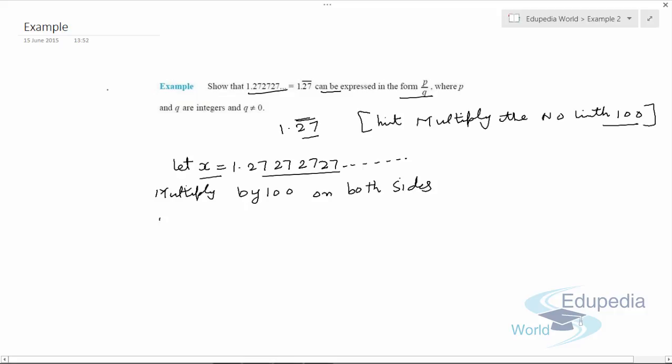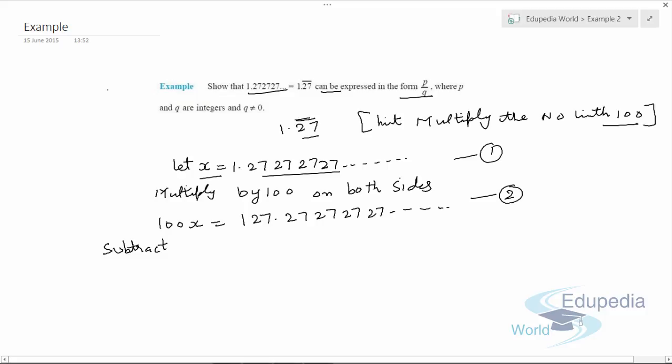So what we get is 100x equals 127.27 27 27 27. Then the second step is, we have to subtract. So this becomes the first equation and this becomes the second equation. So we have to subtract 1 from 2.